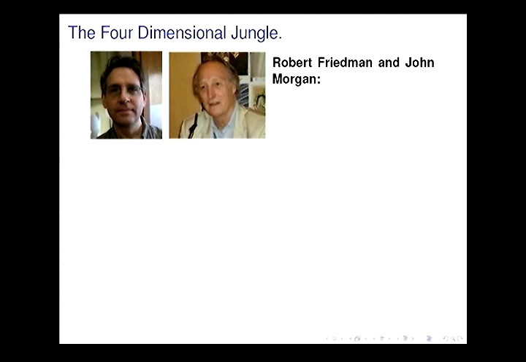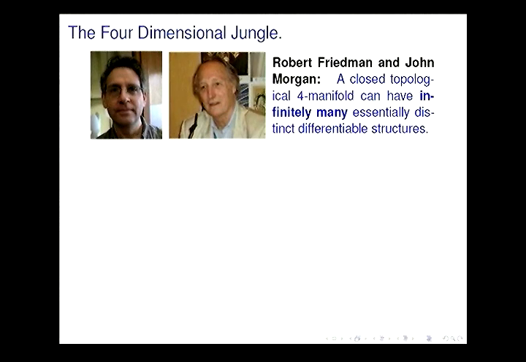So, for example, Robert Friedman and John Morgan showed that a closed topological manifold can have infinitely many essentially distinct differentiable structures. These are local people. Friedman is at Columbia, and Morgan is the director of the Simon Center at Stony Brook.